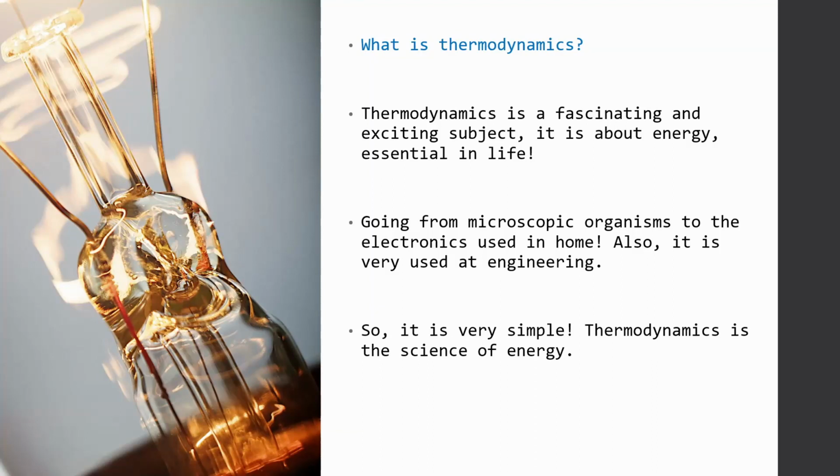And to be honest, thermodynamics is fascinating. It's one of those subjects that if you see it with care and you research a lot, you tend to be fascinated with it. The thing with thermodynamics is that it is physics, but about energy, and everything functions with energy, even us.